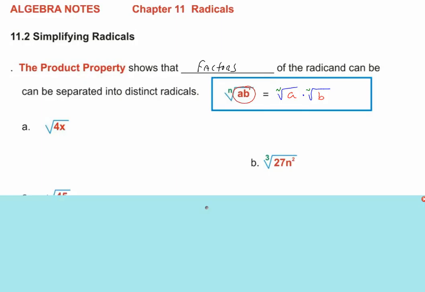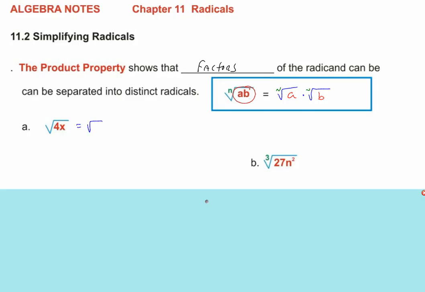Here's the first example, square root of 4x. We have a variable, and there's no even way to take the square root of 4x. Yet we can make this more simple. So if we take the principle above, what if I split this up into the square root of 4 times the square root of x?